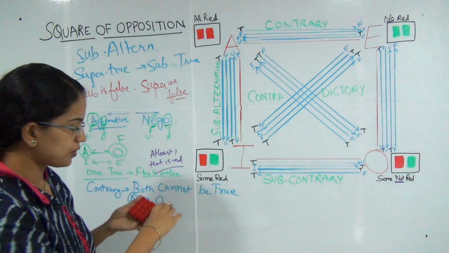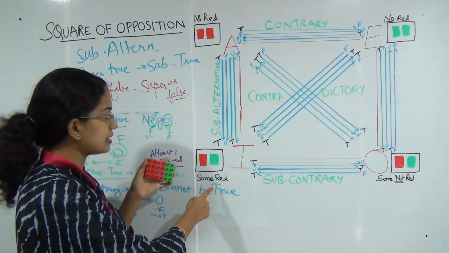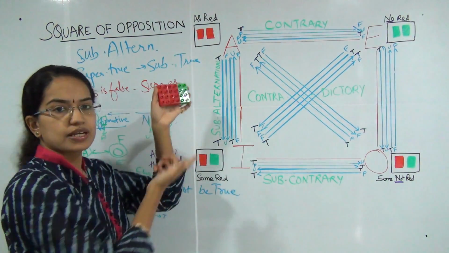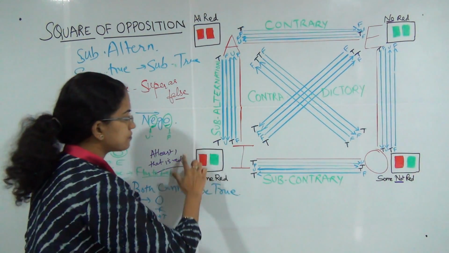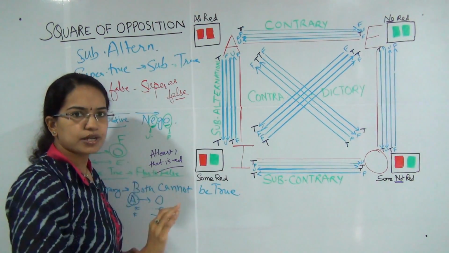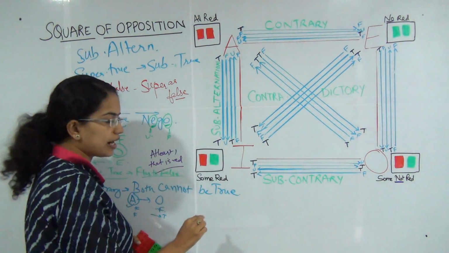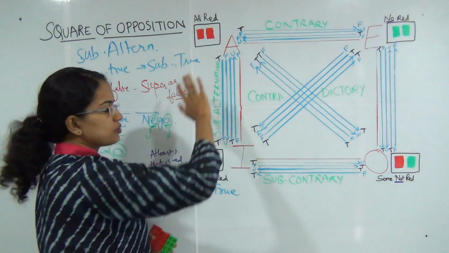Now let me do this. But all blocks are red becomes incorrect here. So what is happening is, if sub is true, nothing can be said about super. It can be true, it can be false. But if sub is false, this has to be false.